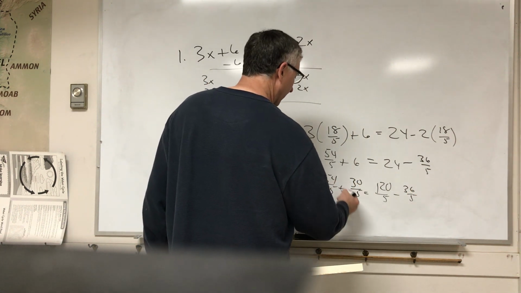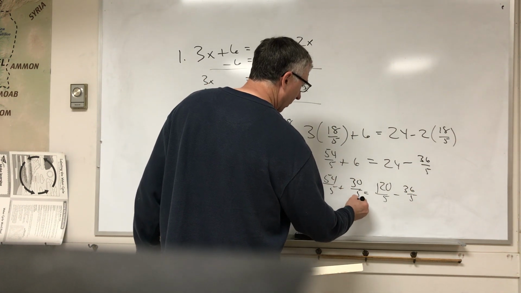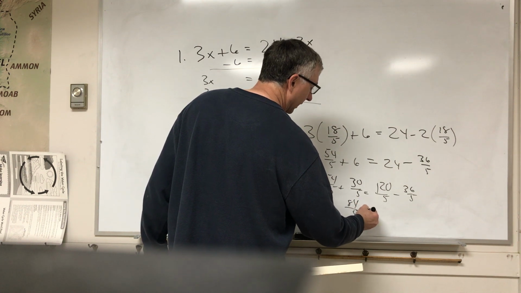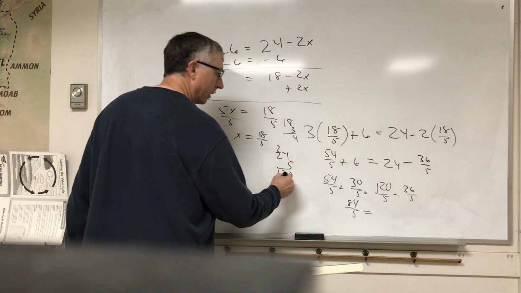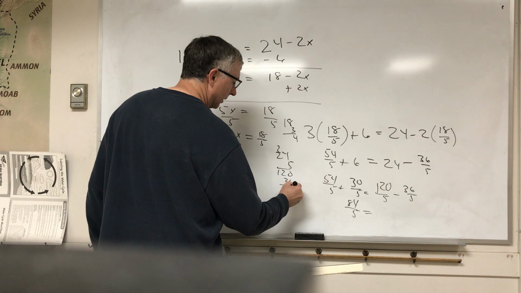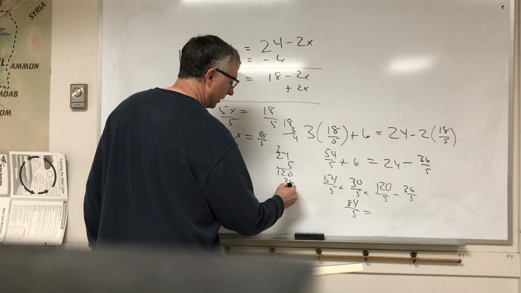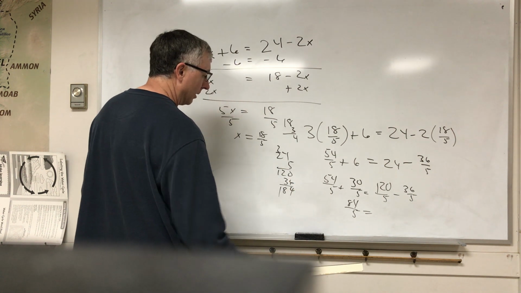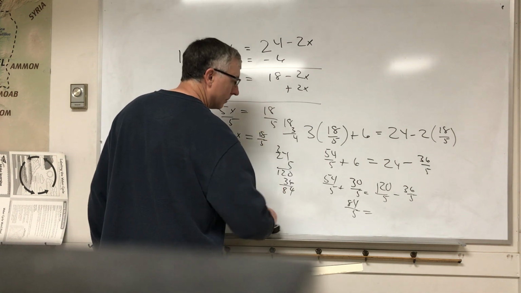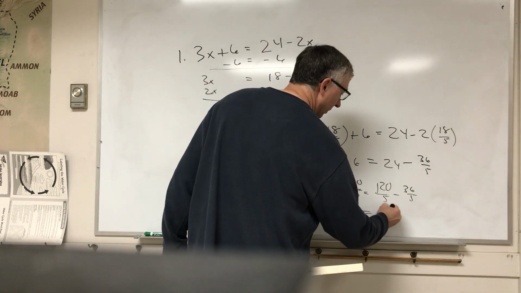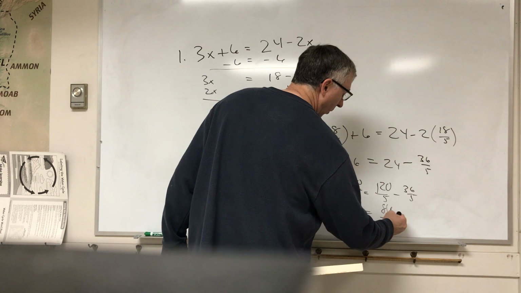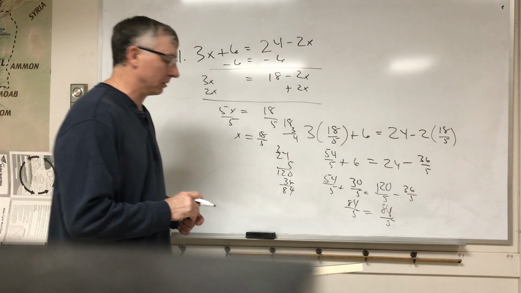And so I have 84 over 5 on this side. And 120 minus 36 is 84, I'm sorry, not 1. 84 over 5 on this side, so I know my answer is right.